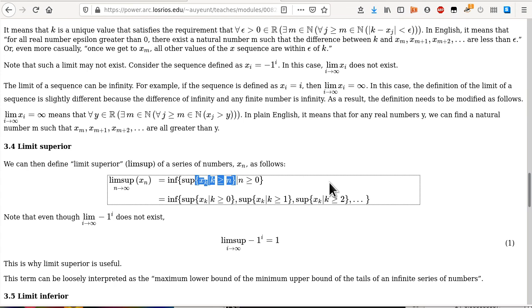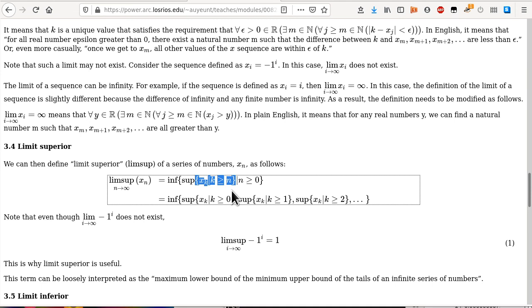So in other words, if you pick a particular n, then the set that is highlighted here will include x of n, x of n plus 1, x of n plus 2, x of n plus 3, and so on. Okay, is that concept okay? For any particular n, this is going to say, let's look at the elements in the sequence where the index of the element is at least n.